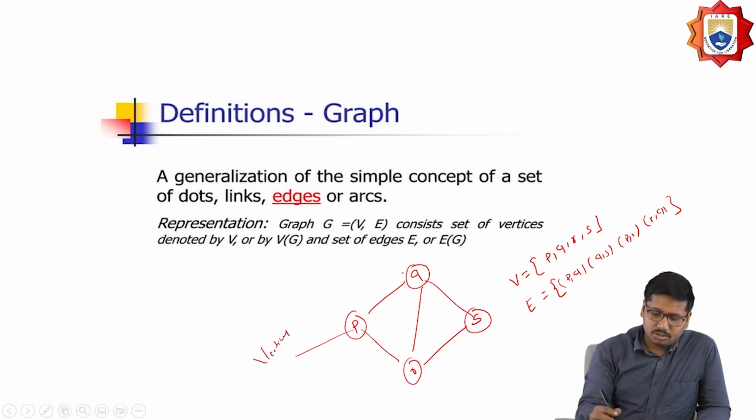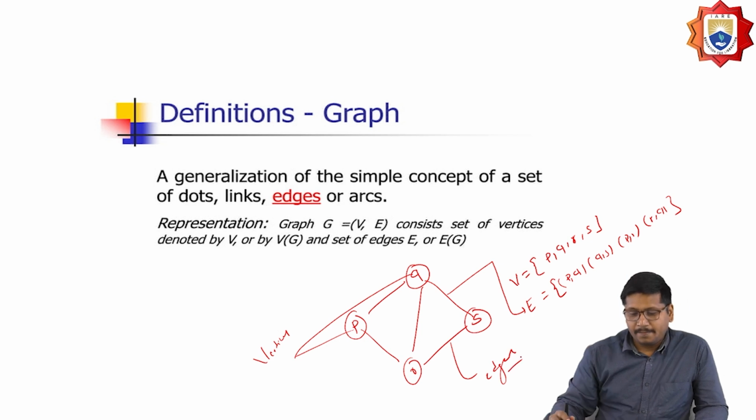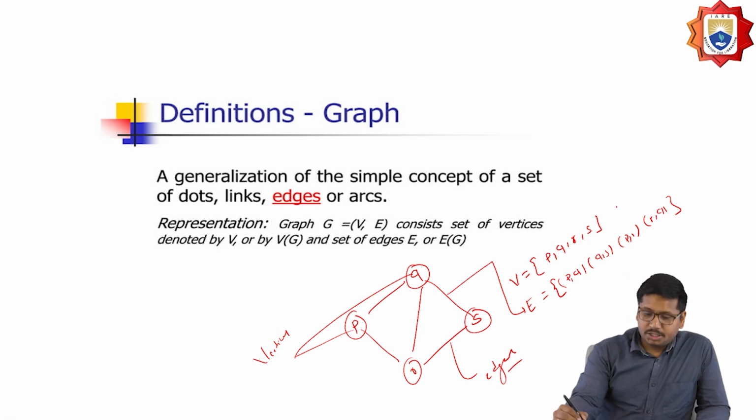So these are the vertices, and these are nothing but the edges. The other representation is that here I can write V of G, and the edges also are going to be represented as E of G.